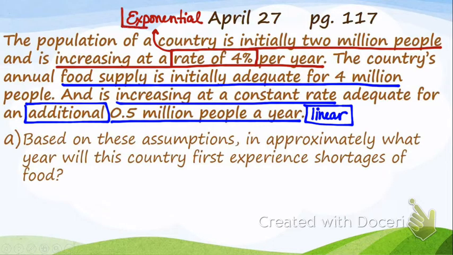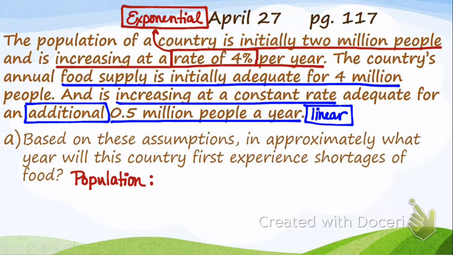They want to try to get ahead of this problem, and so they're trying to figure out how much time we have to plan before these food shortages actually start impacting our population. I want to figure out in approximately what year this country is going to first experience shortages of food. So I want to begin by writing an equation for the population, which we said was exponential, right?